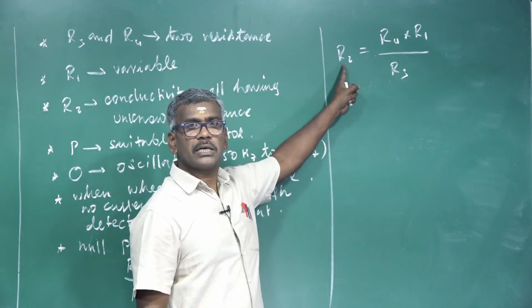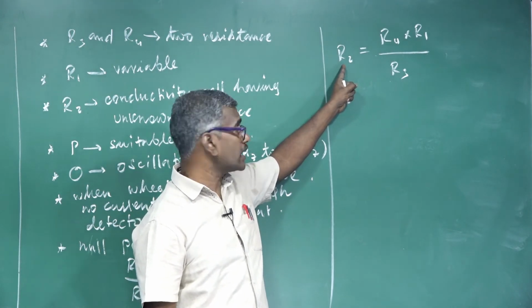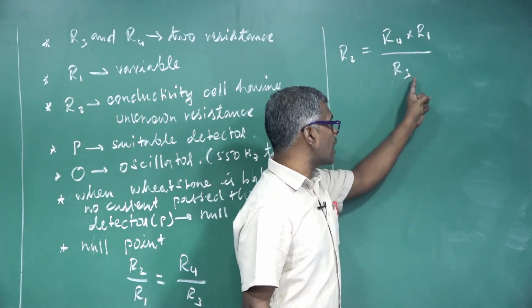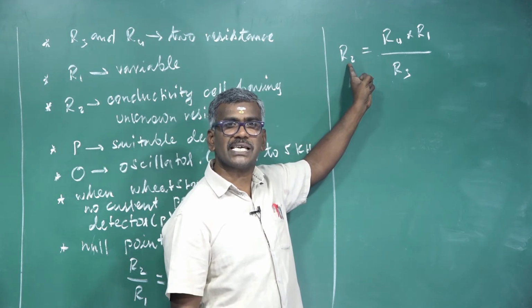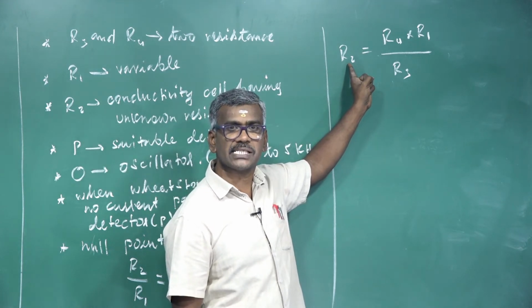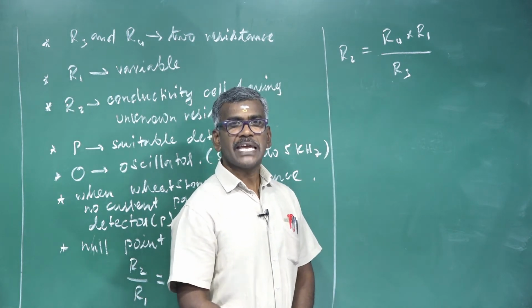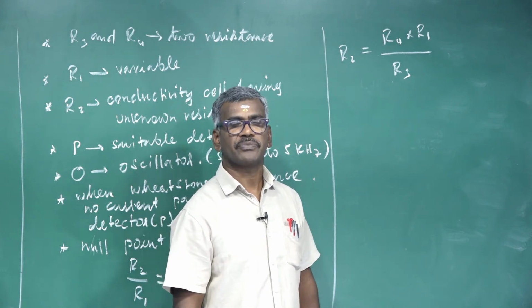This is nothing but the unknown resistance of the electrolyte. Knowing the values of R4, R1 and R3, we can find out the resistance of the conductivity cell based on the Wheatstone bridge. It is used to measure the conductivity of ionic solution.